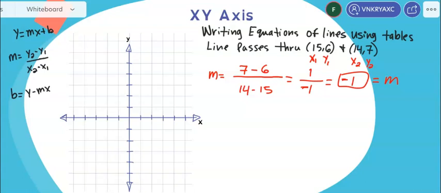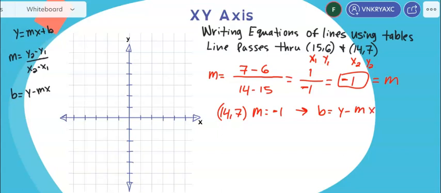Now that we have the m, I can use any of the points. Let me use 14 and 7, and we have our m, which is negative 1. So we're going to plug them all into b equals y minus mx.